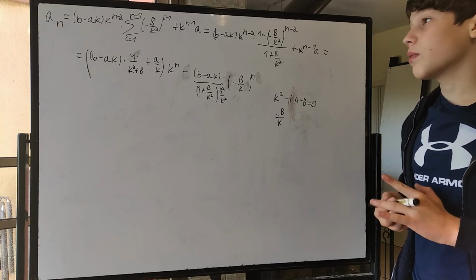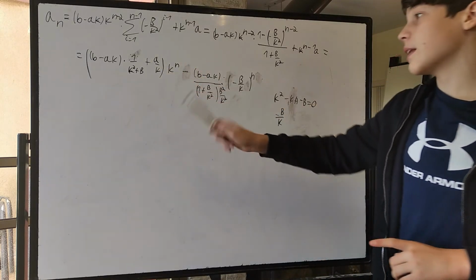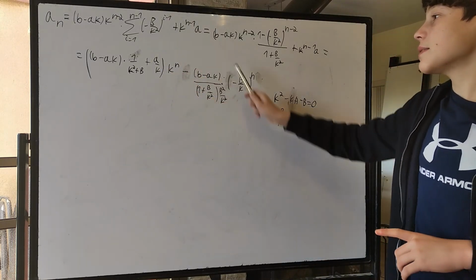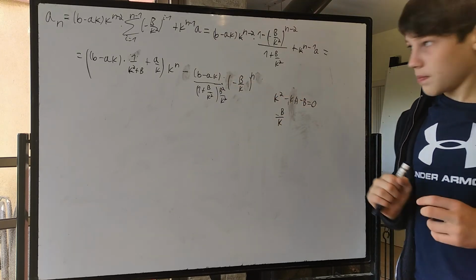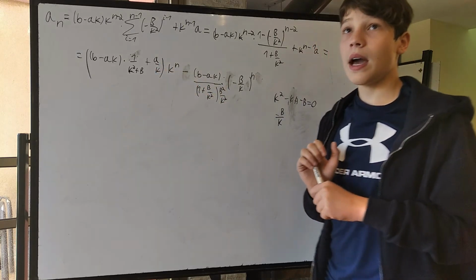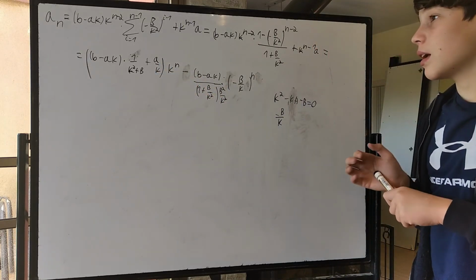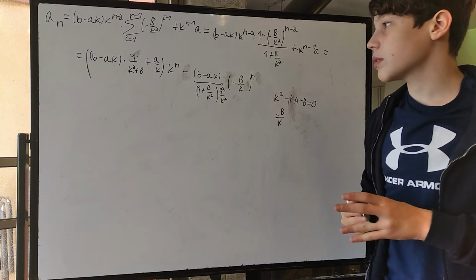What I'm trying to say here is, if we replace k here with negative b over k, we should exactly get this. And so if I simplify one of these, then I'll just have to replace k with negative b over k to get the second one.